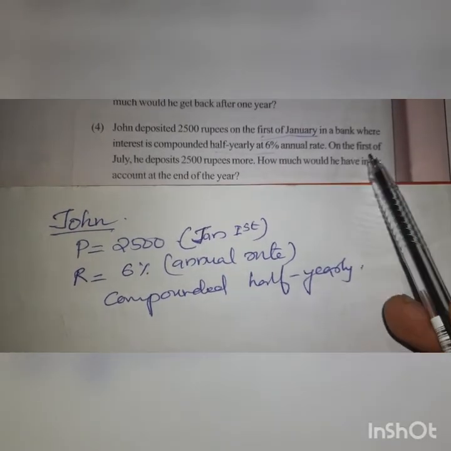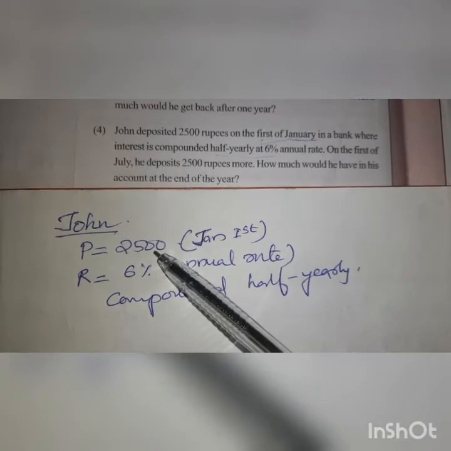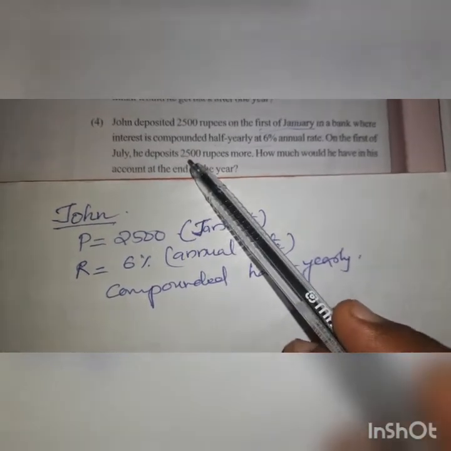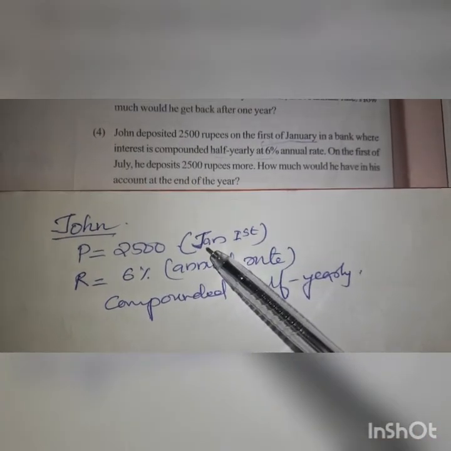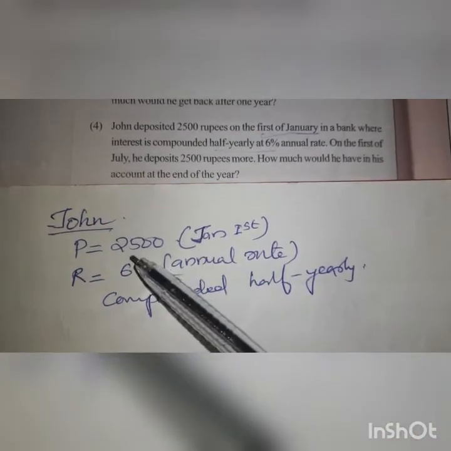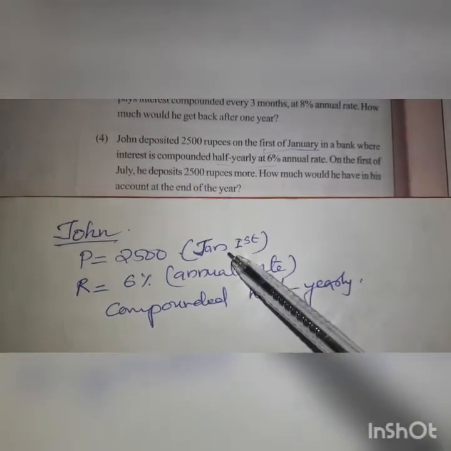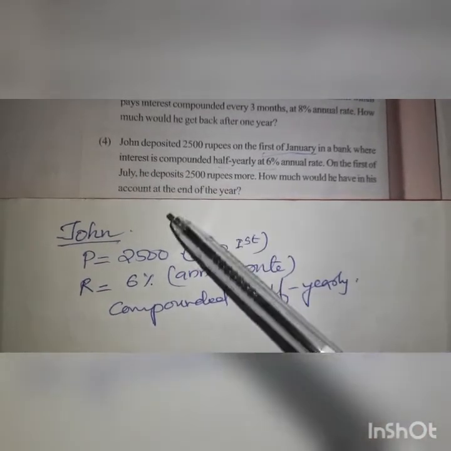Then on the 1st of July, so 1st January he deposited 2,500, then on the 1st of July he deposited 2,500 rupees more. That means after depositing 2,500, after 6 months he again deposited. That is in 1st January 2,500, again 1st July, that means after 6 months.